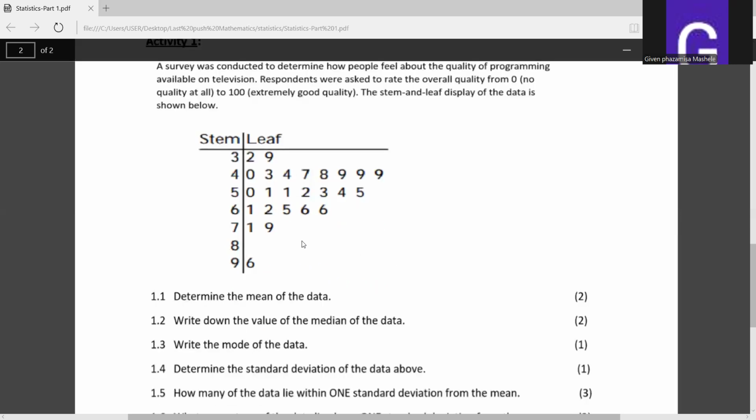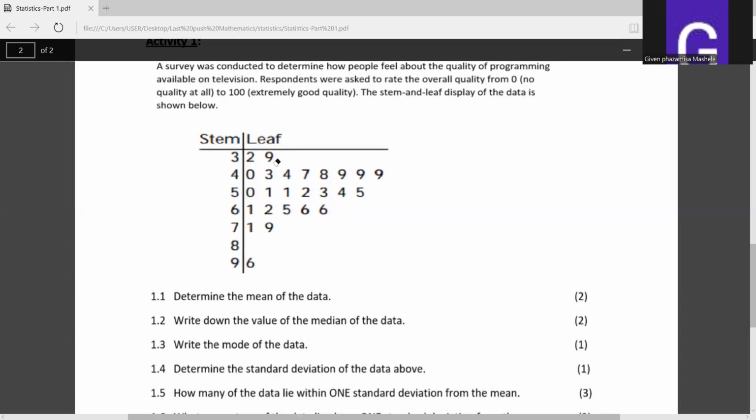Remember, a stem and leaf plot is just a way of arranging numbers from smallest to highest without having to identify or cycle point by point. When we look at our stem and leaf plot, the numbers are already arranged from smallest to highest.